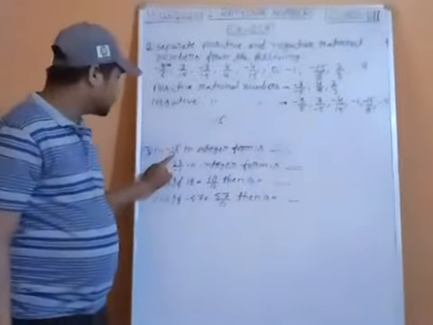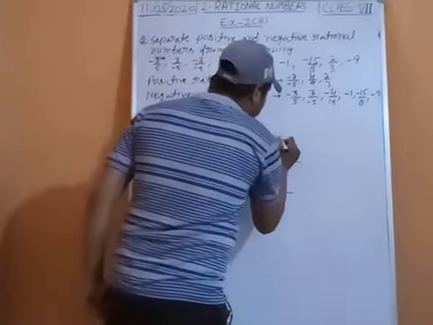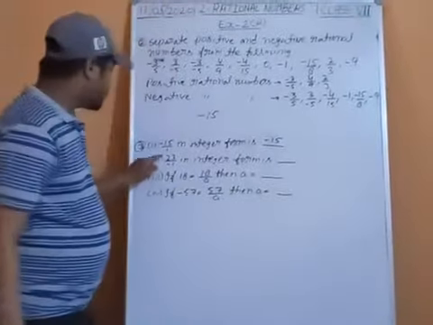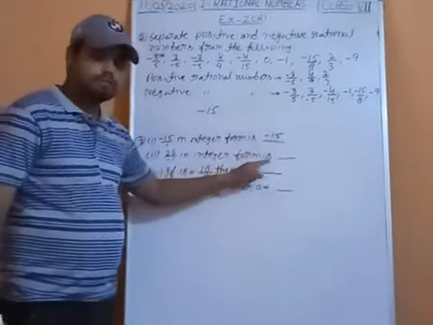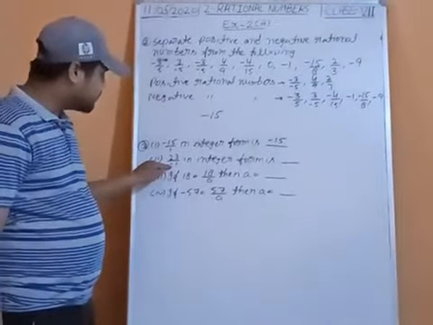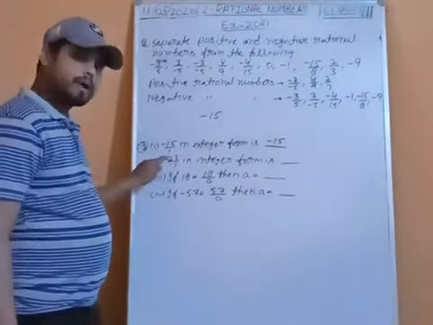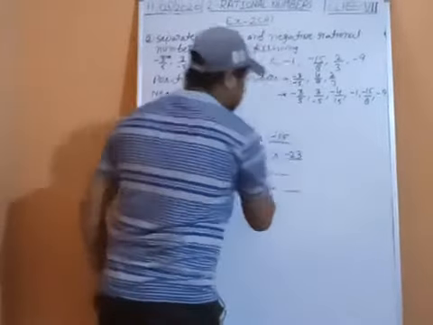So minus 15 upon 1 in integer form is minus 15. Next, 23 upon minus 1 in integer form is the same quotient, but the negative sign is in the denominator. So it means minus 23.